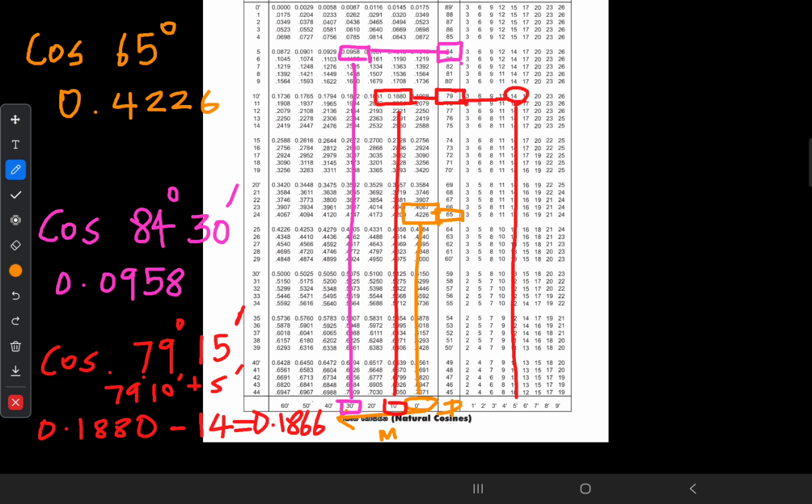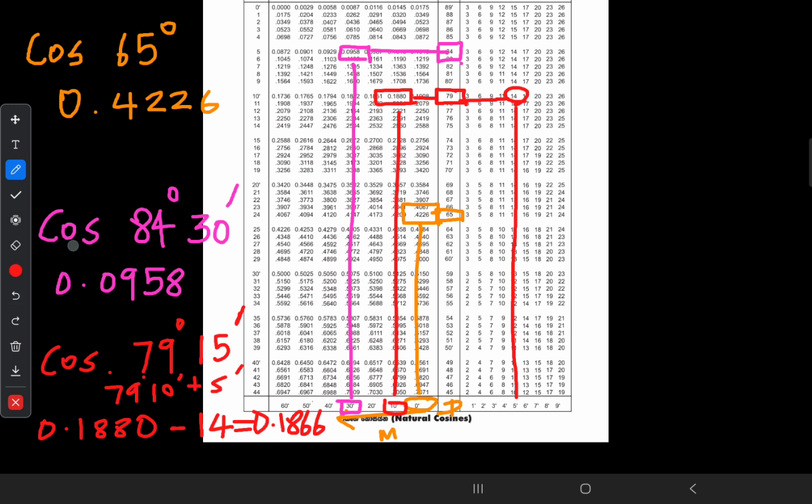For 65 degrees, directly, there is no minute, 0 minutes: 0.4226. Then 84 degrees 30 minutes means directly from the bottom to top you can find 84 degrees, and at the 30th minute, 0.0958. Then 79 degrees 15 minutes means 79 degrees 10 minutes, with another addition of 5 minutes.